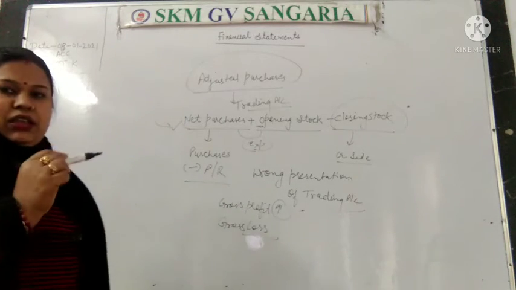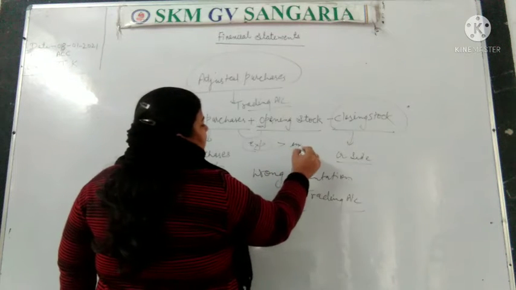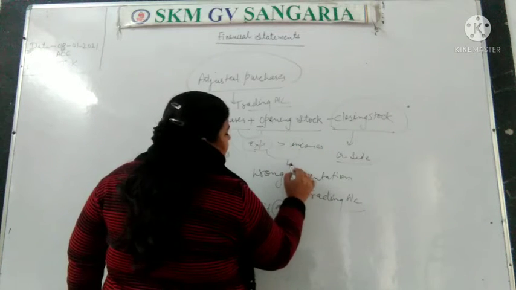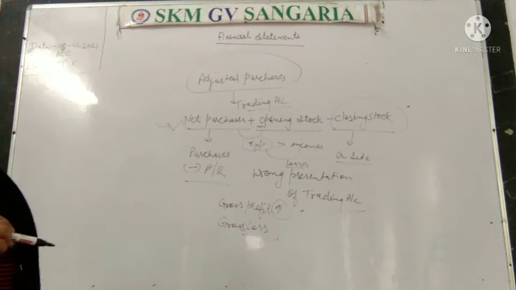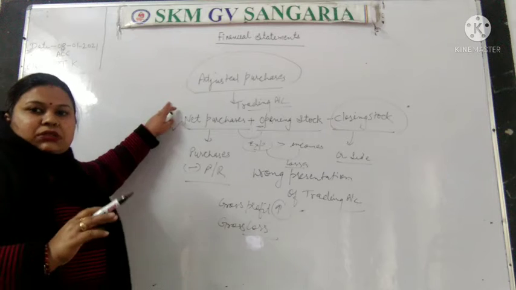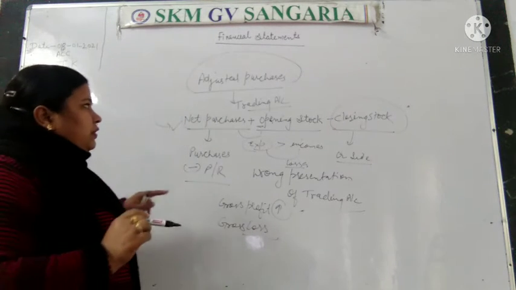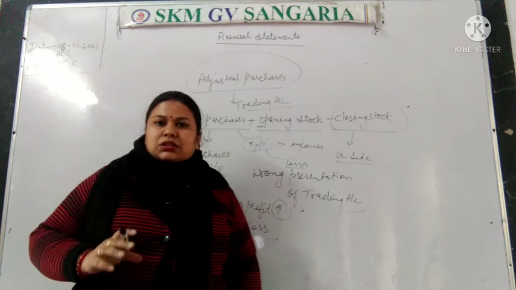Okay, these will increase the expenses, and if the expenses are more than incomes, it means it is the condition of losses. Okay, so these were the two basic important terms which will be used while preparing the trading account. First one was cost of goods sold and second is adjusted purchases.